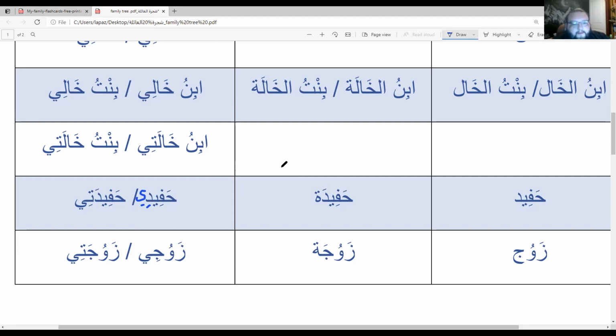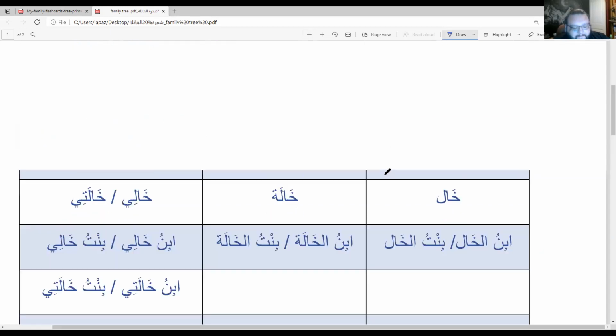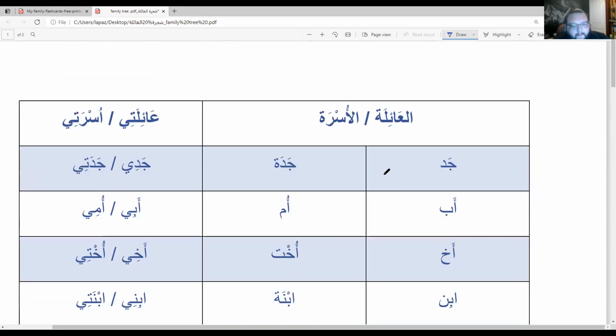Okay. Any questions? No, actually, everything's all clear. Okay. Now, for example, for جد and جدة, we don't usually say جدي وجدتي. This is so formal, so standard Arabic.